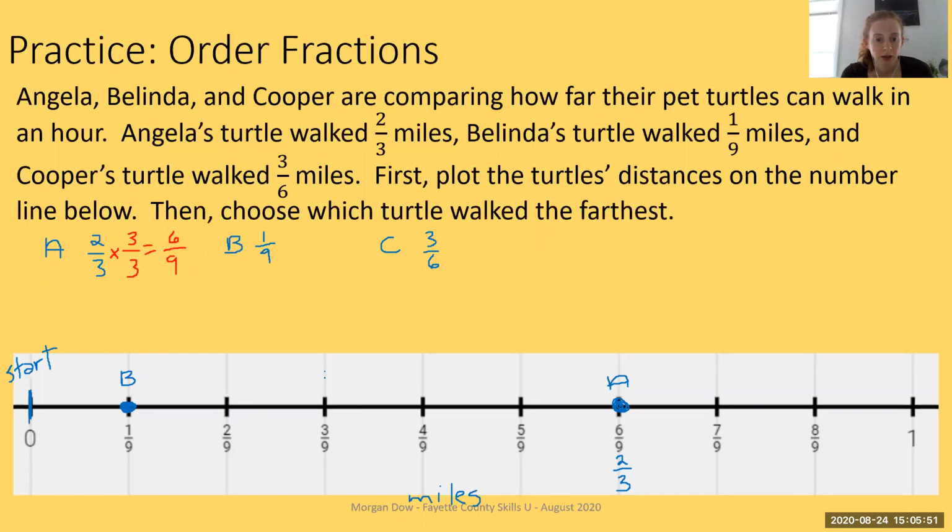Well, there would be 1, 2, 3, right? So we see 1/3, 1 out of 3 parts would line up with 3/9, and then 2/3, 2 out of 3 parts would line up with 6/9, and 3/3 would line up with 1 whole.